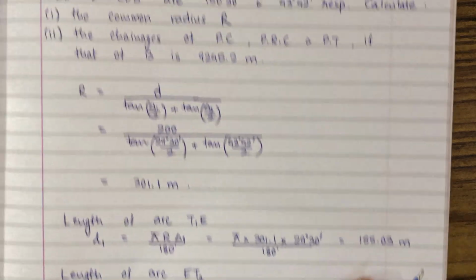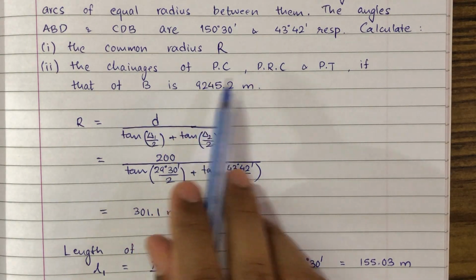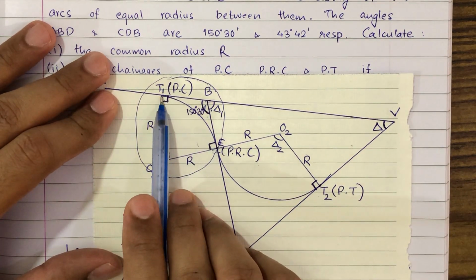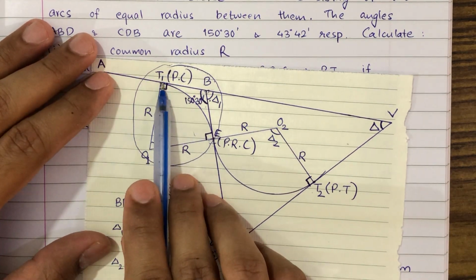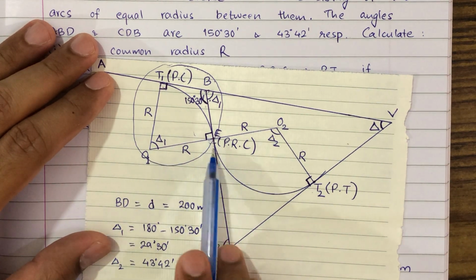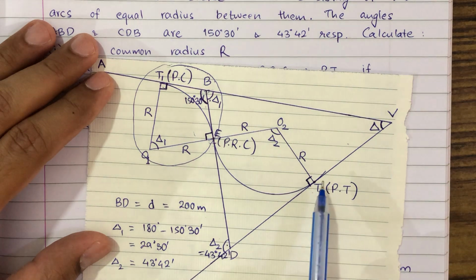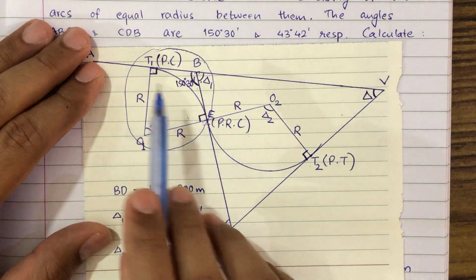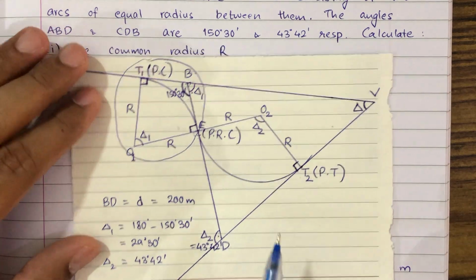Now what we need to find is the chainages of PC, PRC and PT. Here T1 is the PC, the point of curve. E is the point of reverse curvature and T2 is the point of tangent. So the chainages of these three points have to be found out.